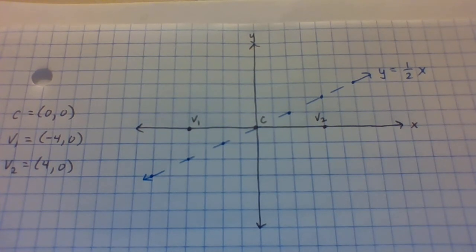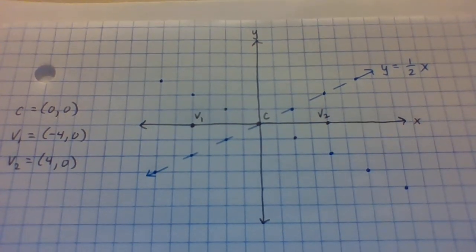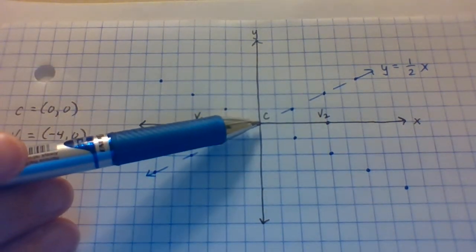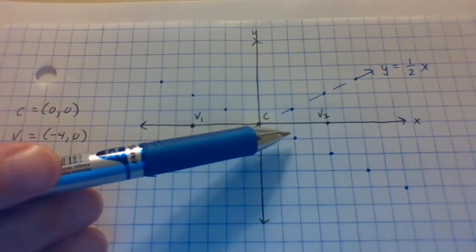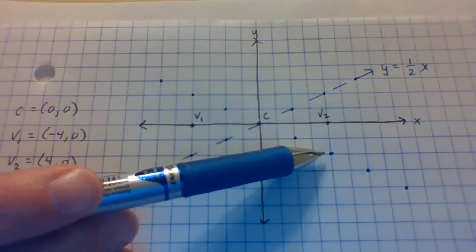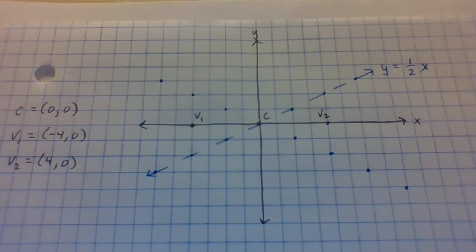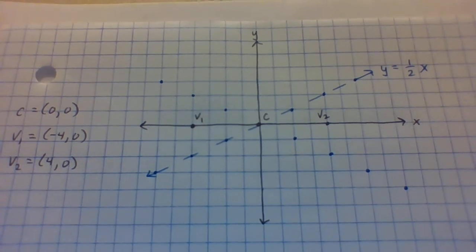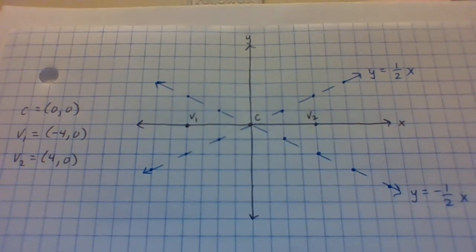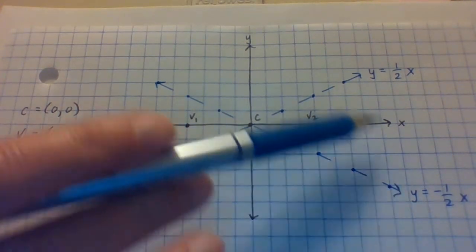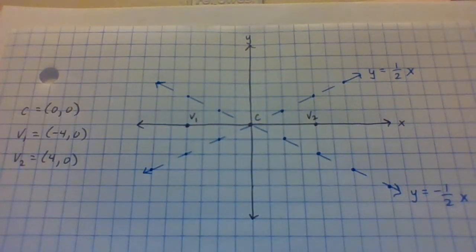Let's draw the other one. Our next one is the equation y equals -1/2 x. So I'm starting at my center and counting down 1 unit and then over 2. Down 1 unit and then over 2. Then I'm going to connect those with a dashed line. Once you have it graphed, label each of those with their respective equations.